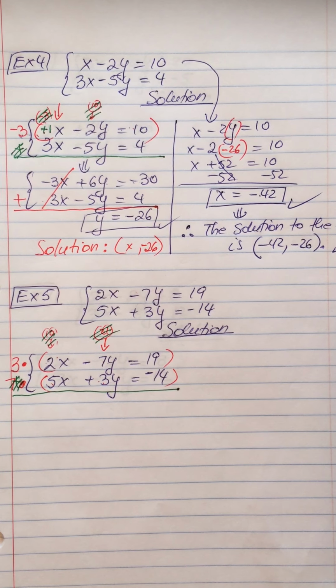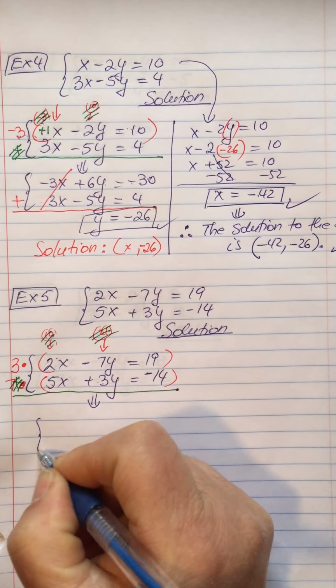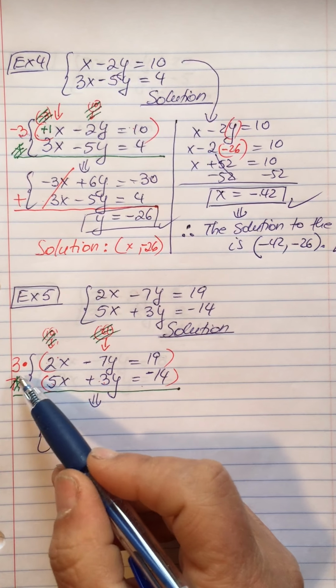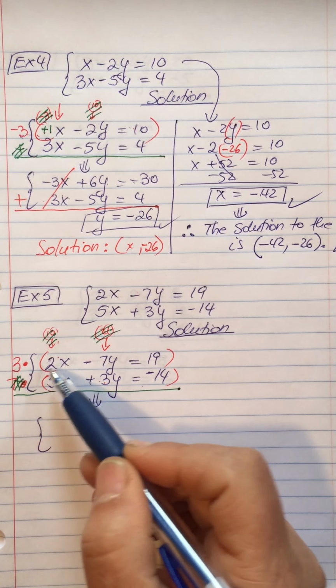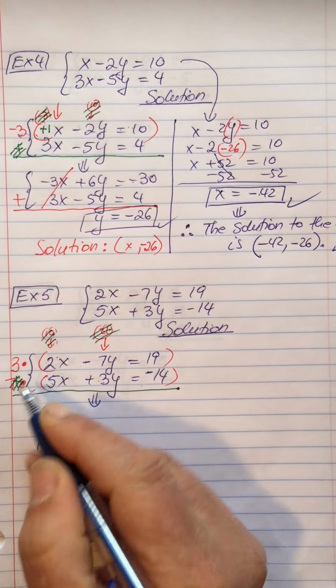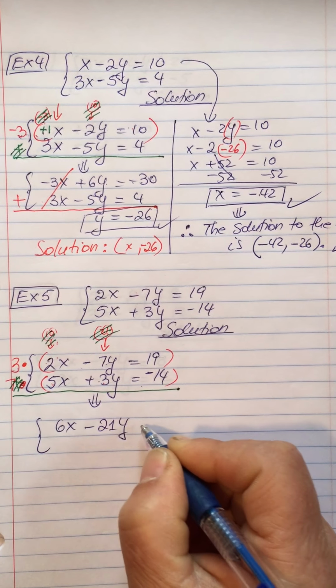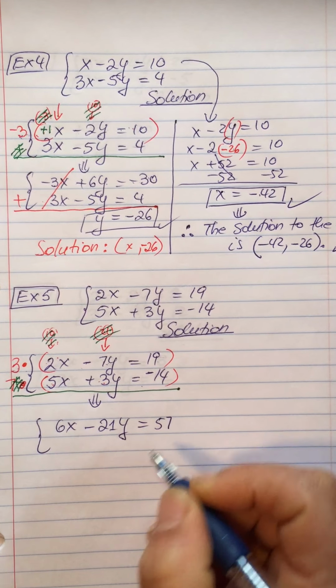So let's form a new system equivalent to the original one. In this example, I'm manipulating both equations. Multiplying by 3 through the first equation, I get 3 times 2x, 6x. 3 times negative 7 is negative 21y. And 3 times 19 is 57.